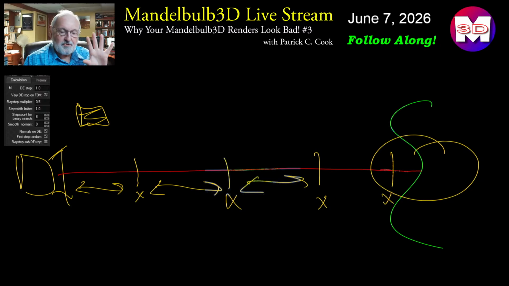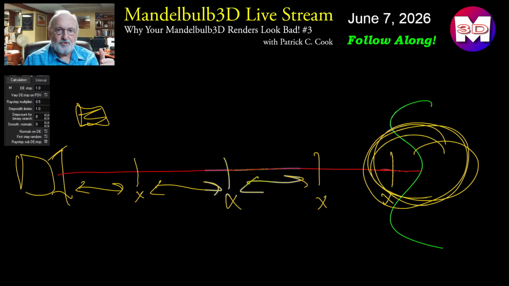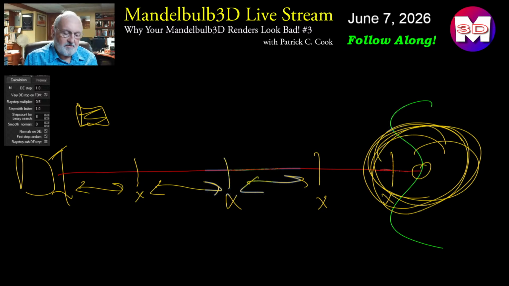Now, there are a couple of elements that we're going to talk about in this live stream that pertain to right in this area. Just as the ray mathematically gets to a point where it is about to or has hit the fractal surface, that's the controls that we'll talk about today. Okay? But this is an overview.